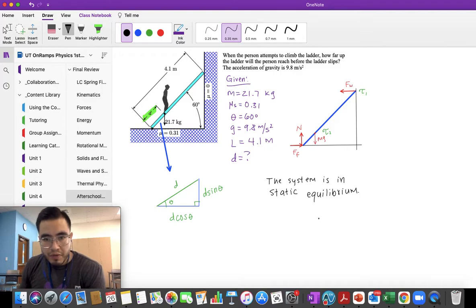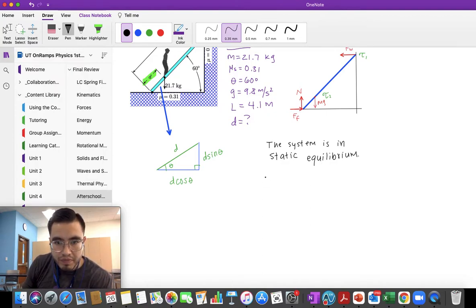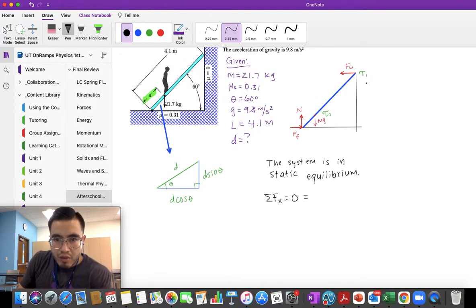So now let's start with the forces acting along the x direction. So sigma, forces along the x. There's no movement, so this is equal to 0, which is equal to, so forces acting along the x will be the force of the wall, normal, this one, Fw, and force of friction.